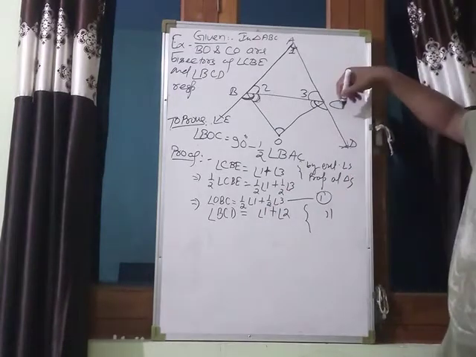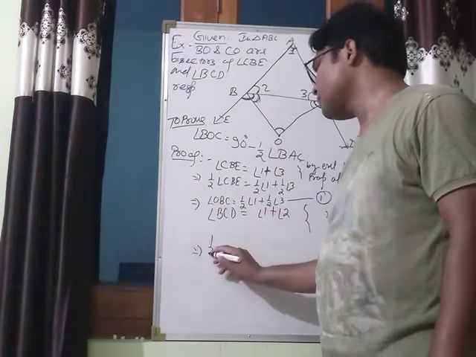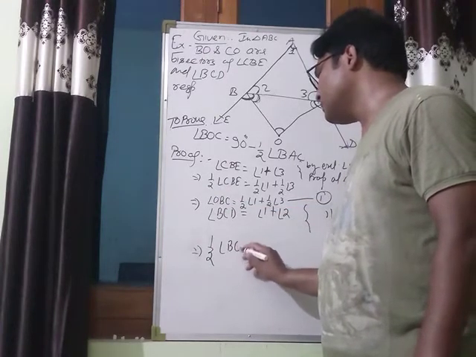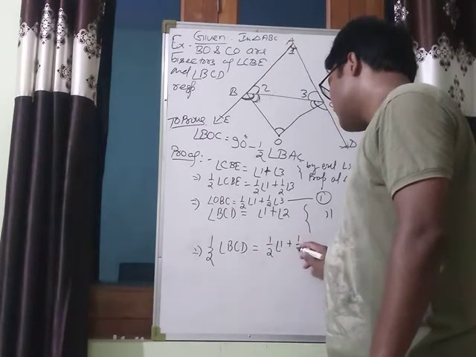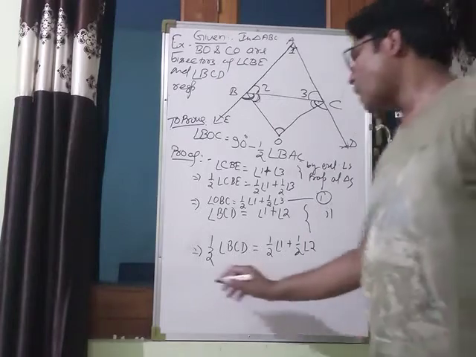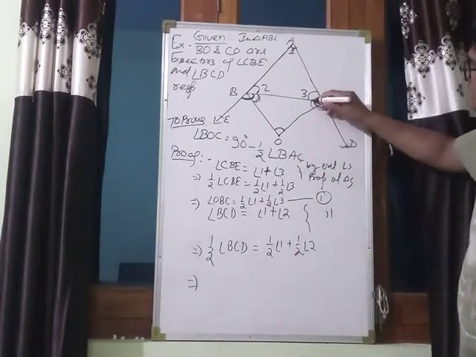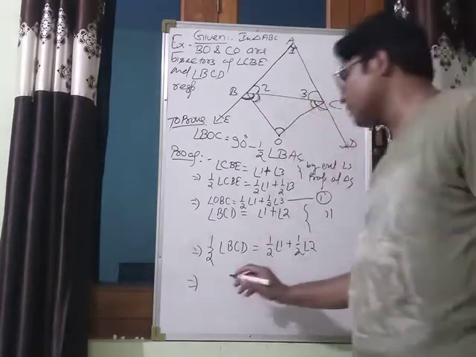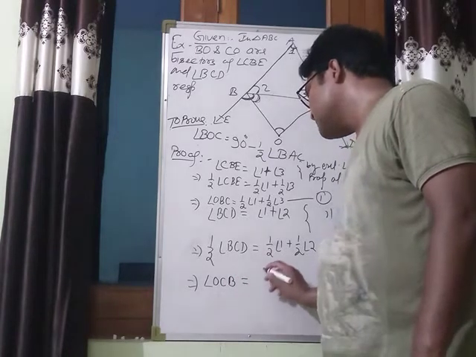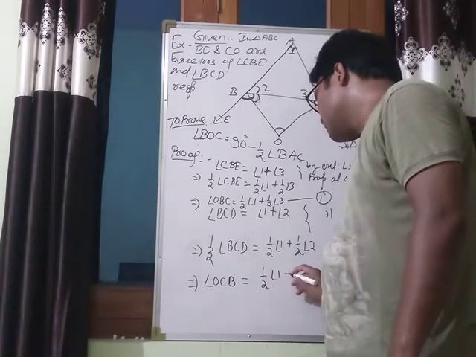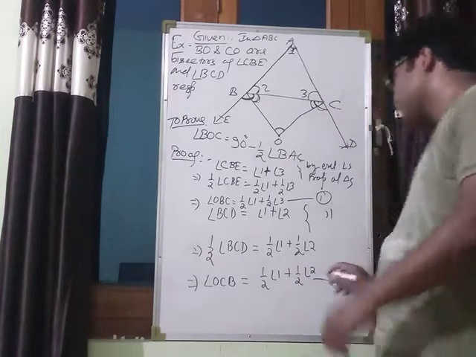Now, what is half of BCD? Half of angle BCD is equal to half of angle 1 plus half of angle 2. What will its half be? Because CO is the bisector, this one is its half, OCB. Angle OCB is equal to half of angle 1 plus half of angle 2. That is the second one.